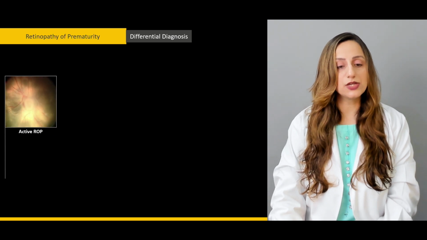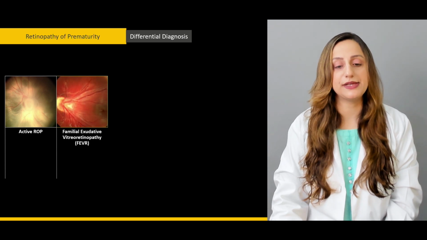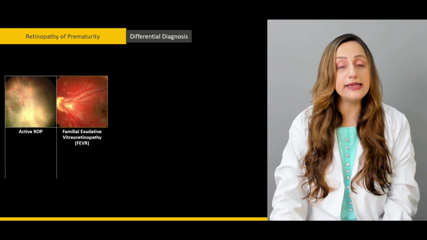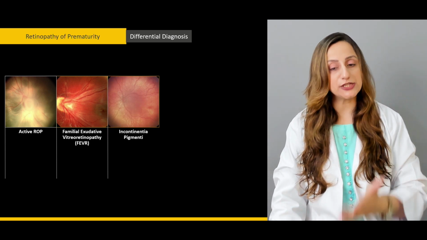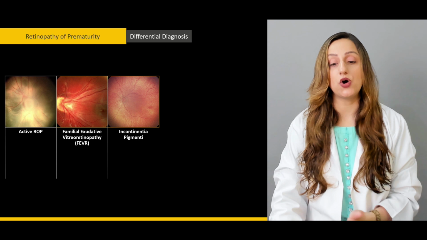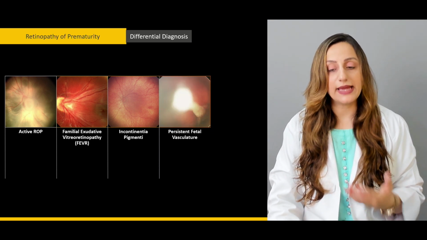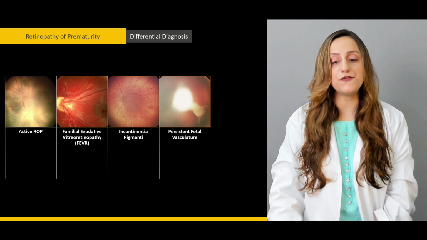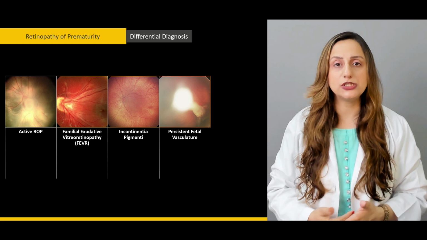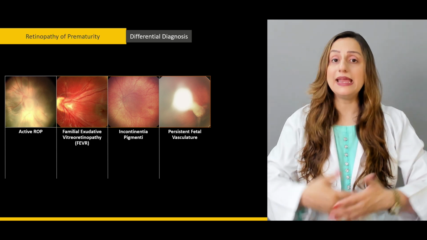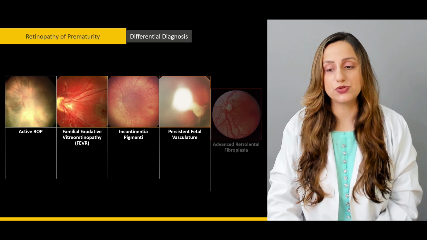The differential diagnosis would be an active retinopathy of prematurity in the individual. And then finally, we can have the familial exudative vitreoretinopathy. We have to differentiate this particular condition from incontinentia pigmenti. We are again going to differentiate it from the persistent fetal vasculature. So it can be the abnormality of the fetal vasculature independent of the hyperbaric oxygen that was given to the individual.